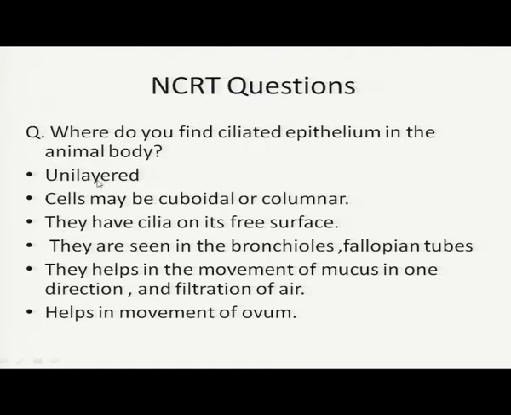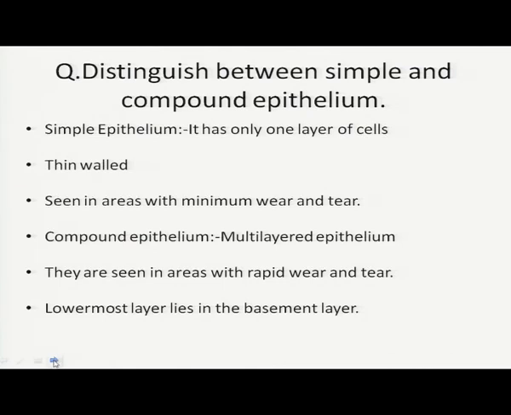So, unilayered. And here, where do you find the ciliated epithelium in the animal body? It is present in the bronchioles as well as in the oviduct or fallopian tube.